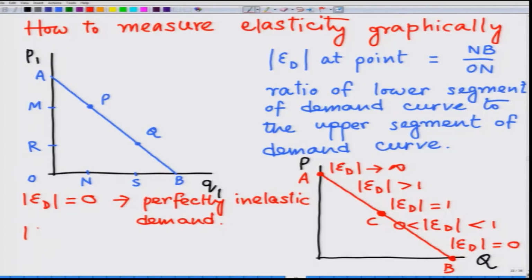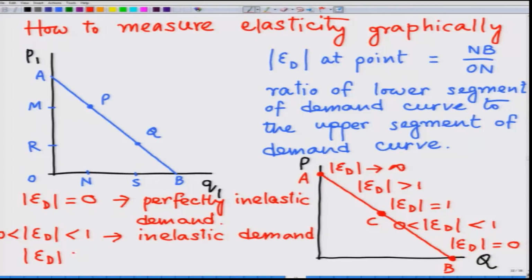If epsilon d takes a value between 1 and 0, then we call this inelastic demand. That means that if there is x percentage change in price, quantity demanded changes by less than x percent.